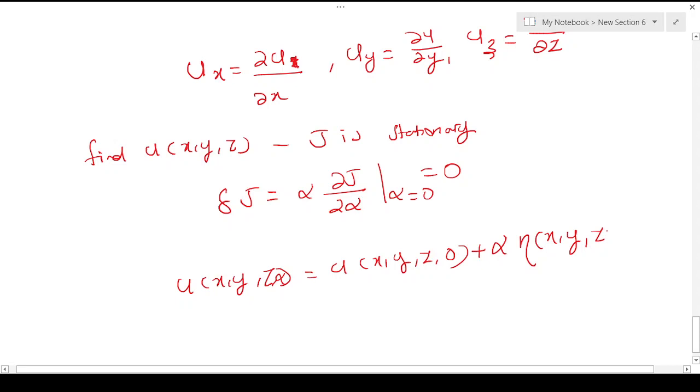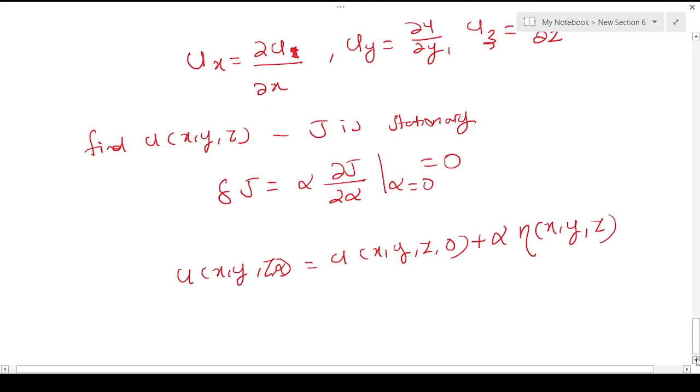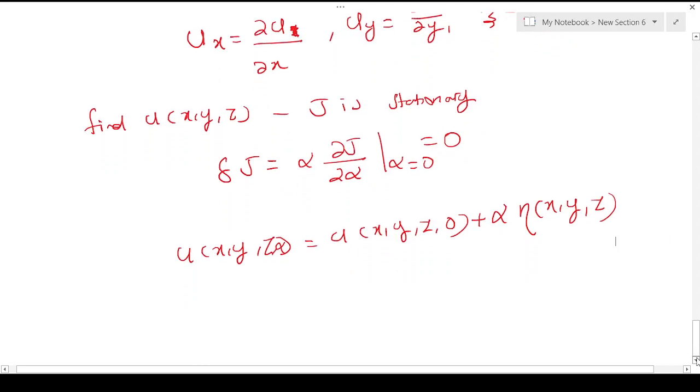We already know that eta is introduced if the path is a deforming path. Okay, so it will contribute to that particular case.